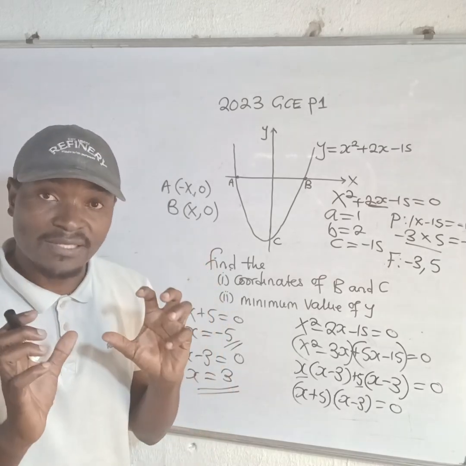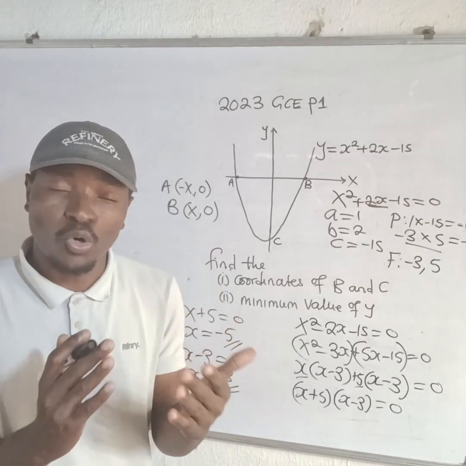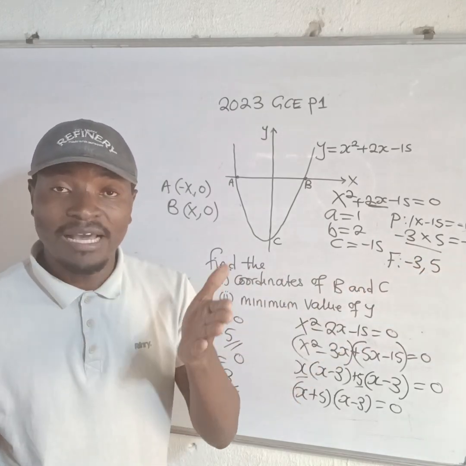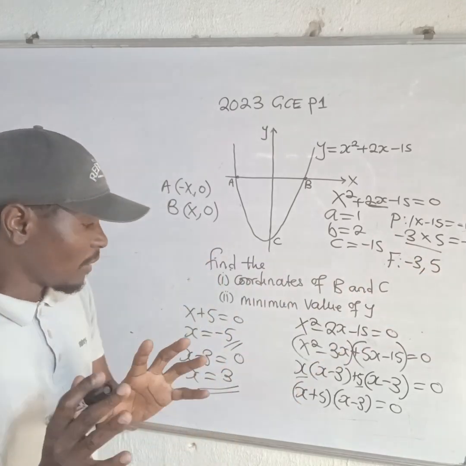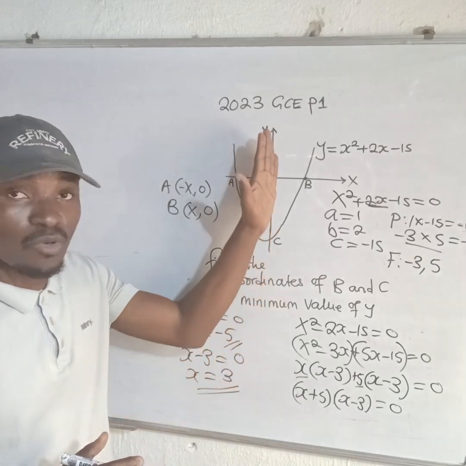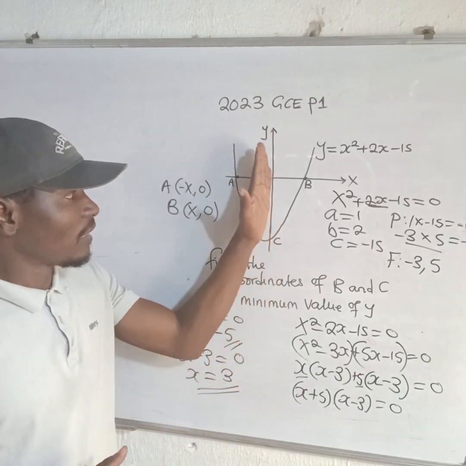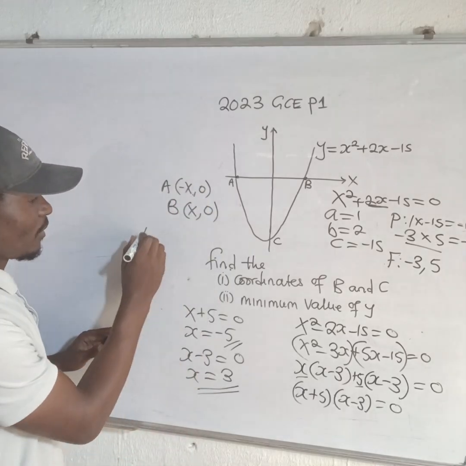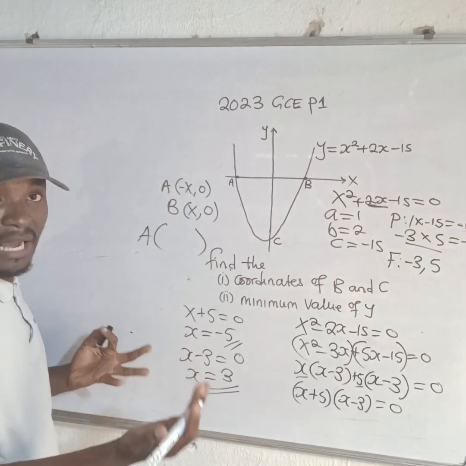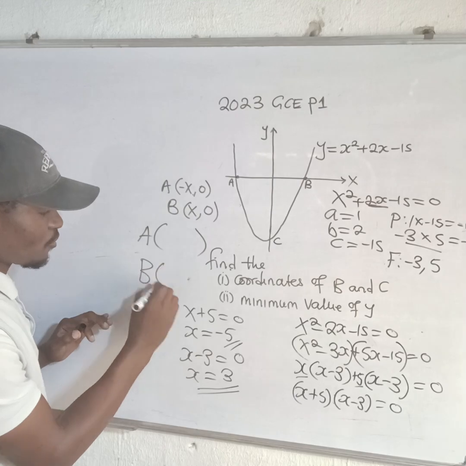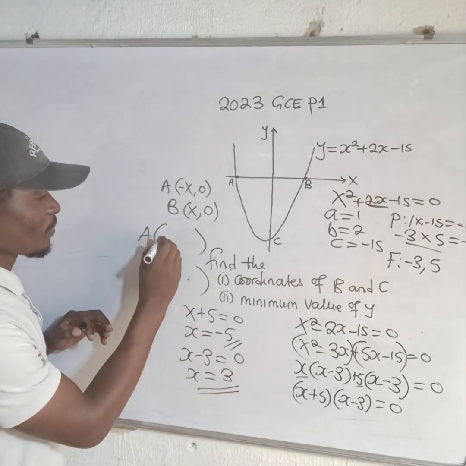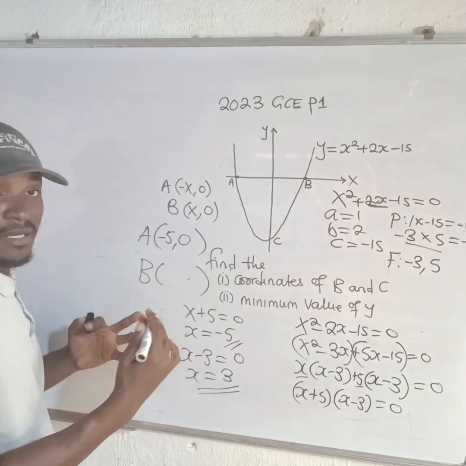Now it is up to us to mathematically or logically know which one is going to go for B and which one is going to go for A. Because we know from the graph that A is on the negative side, our coordinate for A becomes negative 5, 0.